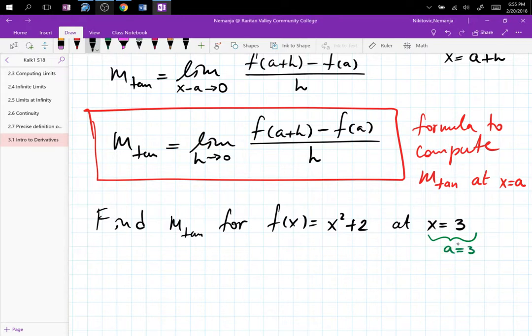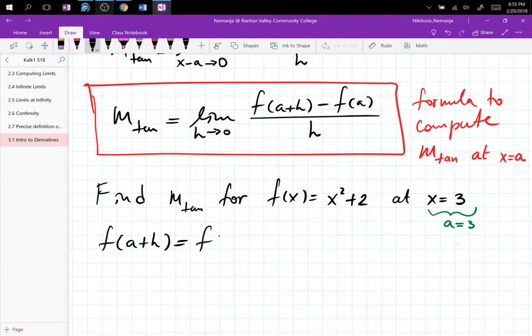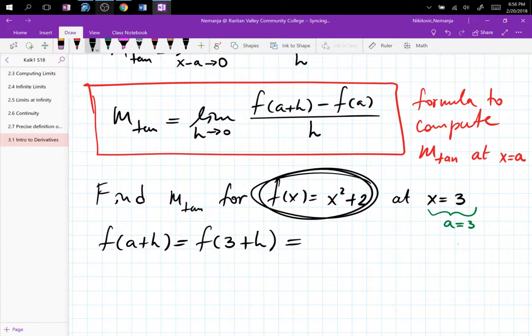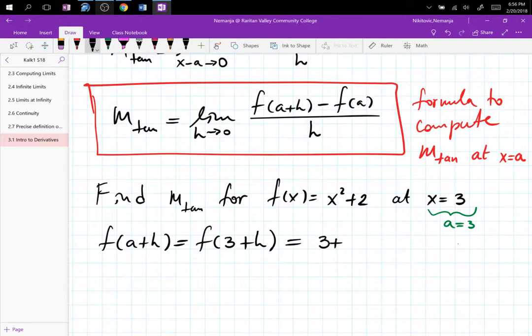Great, let's do it. I need f of a plus h. All right, fine. F of a plus h is actually going to be f of 3 plus h. And now I replace that function composition, replace every x with 3 plus h. Sure.